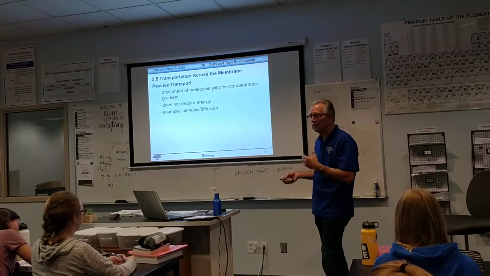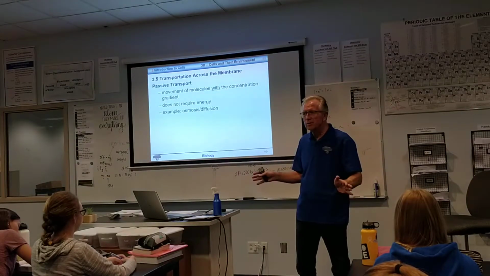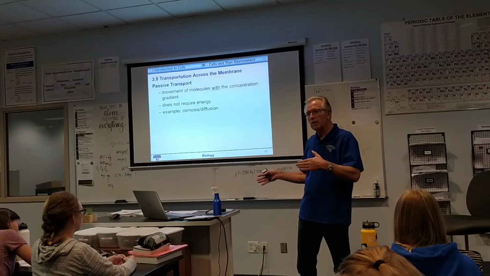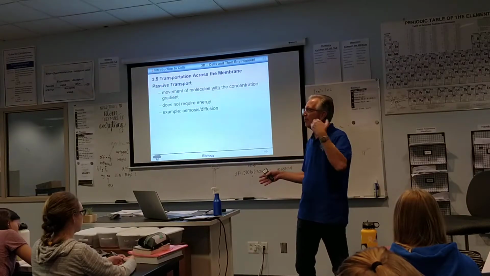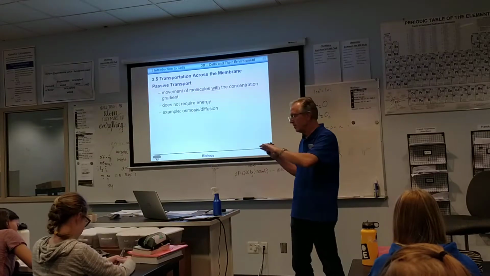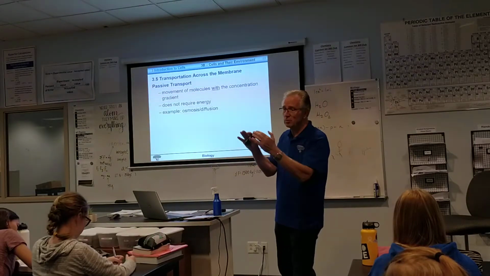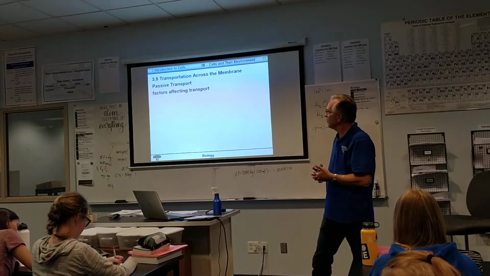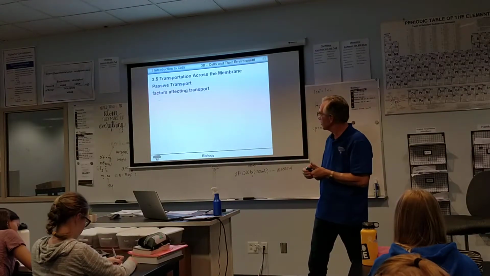So regular osmosis, regular diffusion fits here, because you don't need a cell using up its energy to move things across the boundary. It isn't just in, but also out. So what are some factors that will affect this transport?